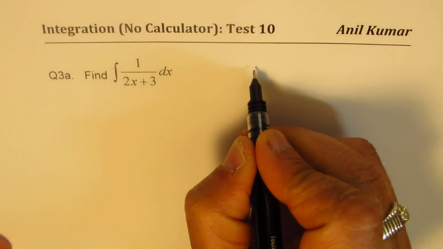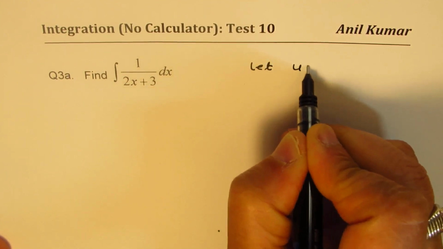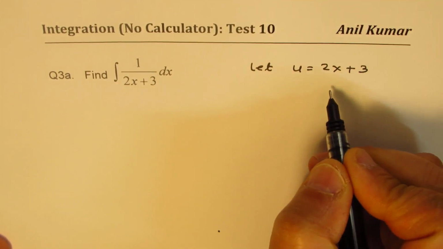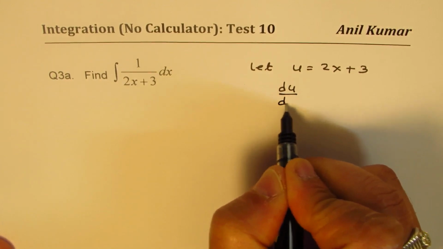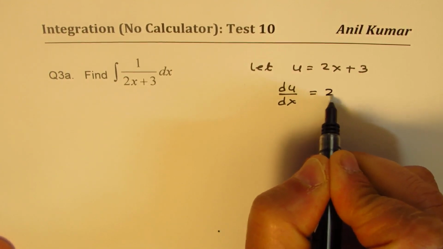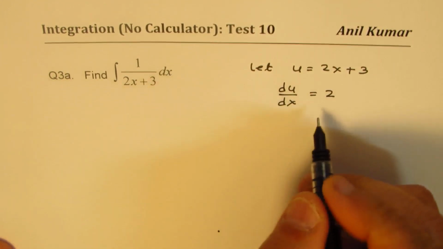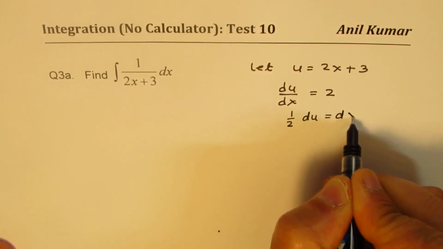So what we will do here is that we'll substitute, let u equal 2x plus 3. In that case, taking the derivative, what do we get? We get du dx equals 2, or we can say that we have to replace that dx, so we can say half of du equals dx, correct?